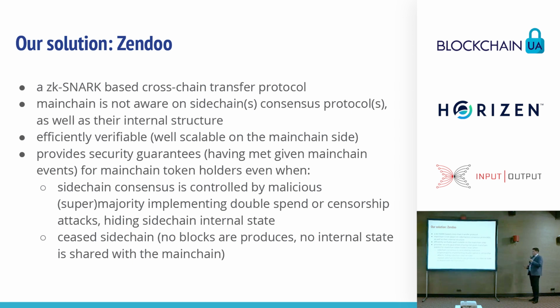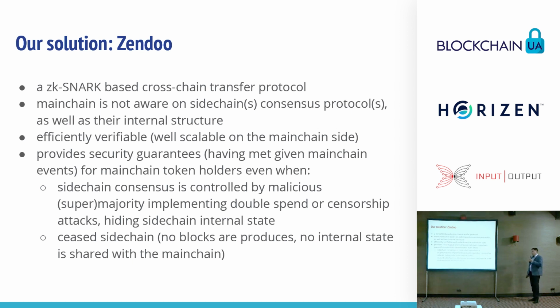The solution provides security guarantees, and these guarantees are strong enough. Even if a sidechain is fully controlled by an attacker, who fully controls consensus and block producing, and tries to organize double spend attacks or something like that, the mainchain guarantees the security of coins that were moved to the sidechain and then got back from it. So even with a fully controlled sidechain, the attacker cannot steal mainchain coins that were moved to the sidechain.